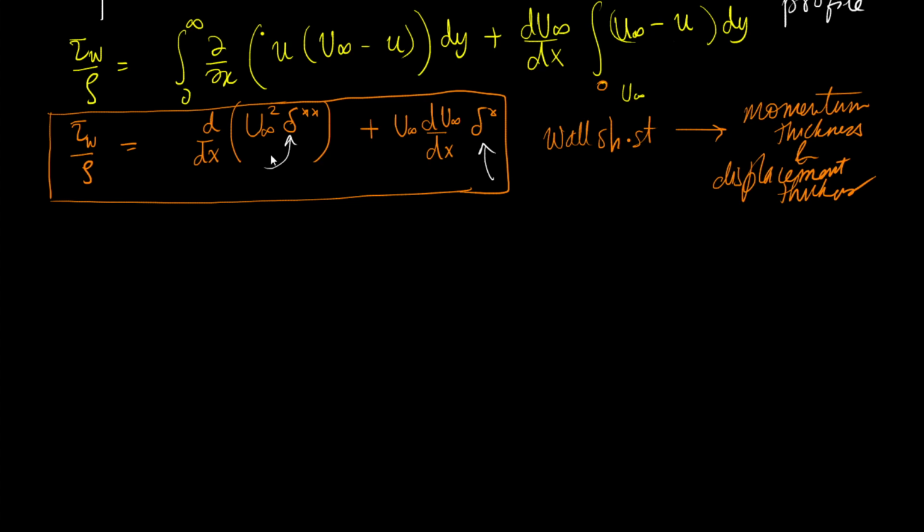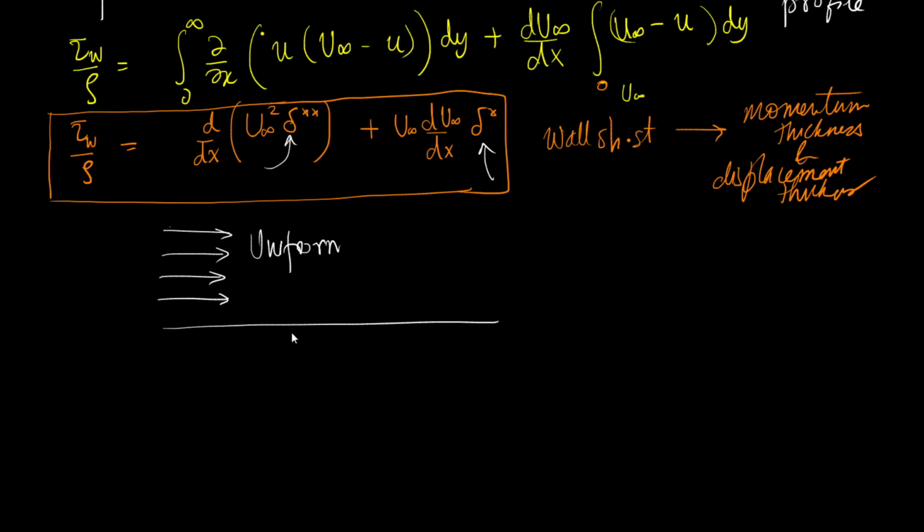What about the free stream? If we have a constant, uniform free stream, and because the plate is also flat, du infinity/dx will be equal to 0. If the plate is flat and the incipient flow is uniform, all this equation will boil down to this.